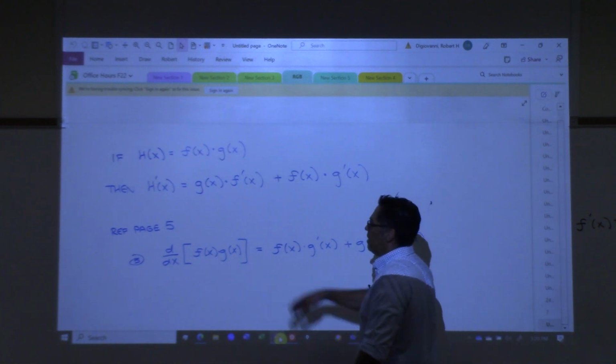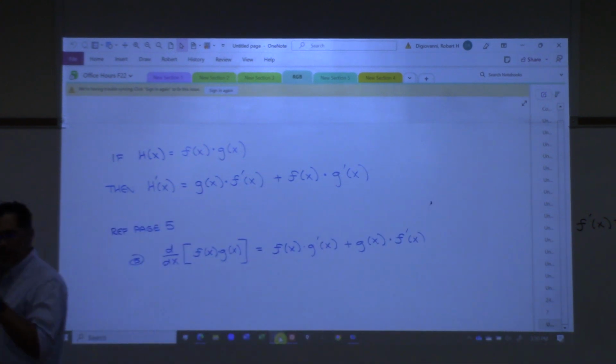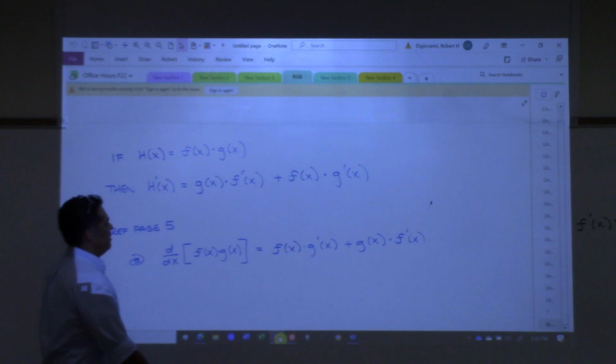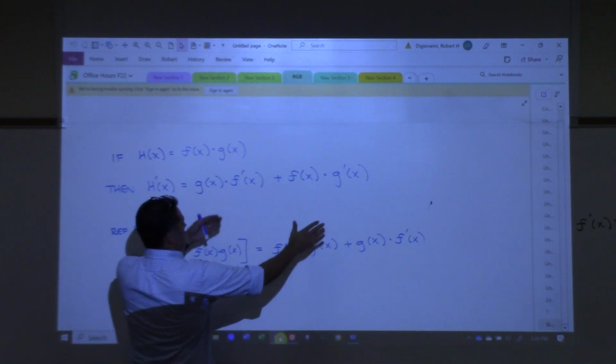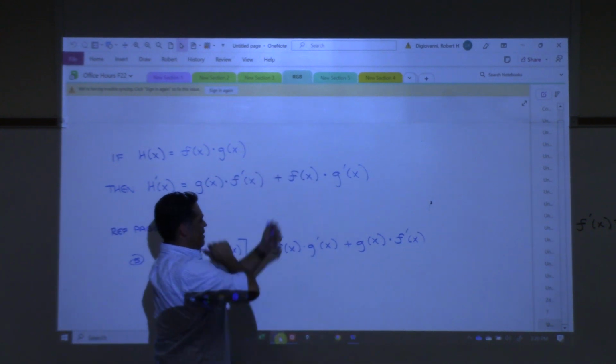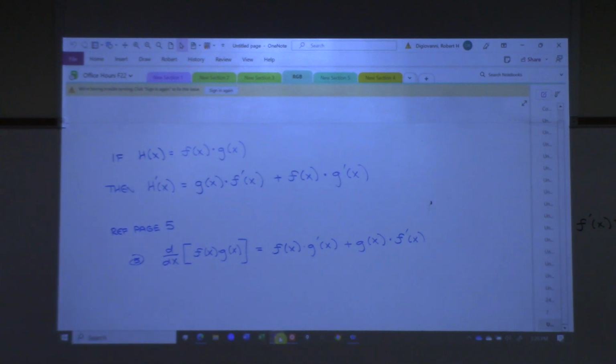Is that the same as the answer we just got with the proof I just did? Yeah, it's the same answer. It's not in the same order. The book just changed the order like that, but it's the same answer. So which one do we want to use?